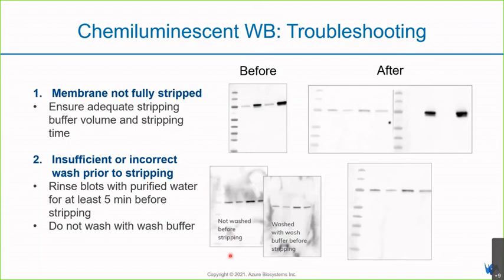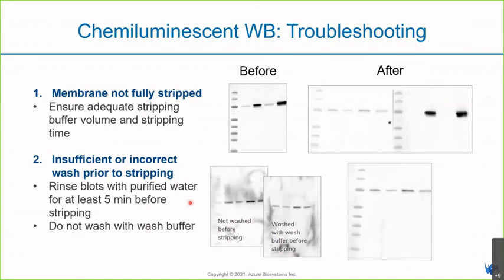If you detect the first protein again, you may not have washed off the ECL substrate before stripping, or you used the wrong buffer, such as a wash buffer to wash off the ECL substrate before stripping. This is what we call insufficient or incorrect wash prior to stripping.